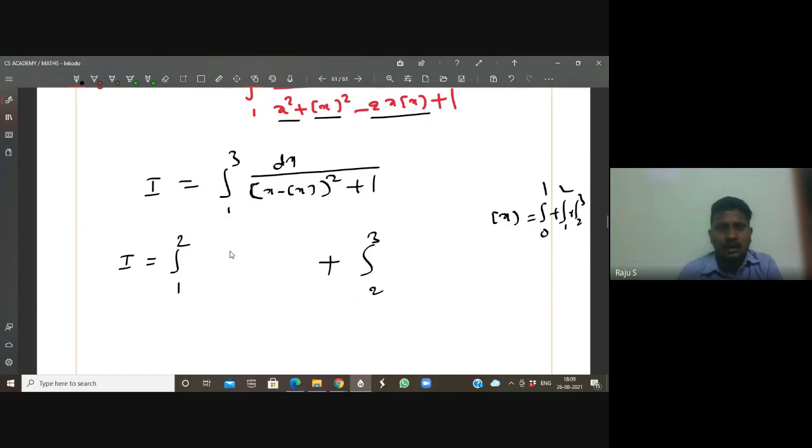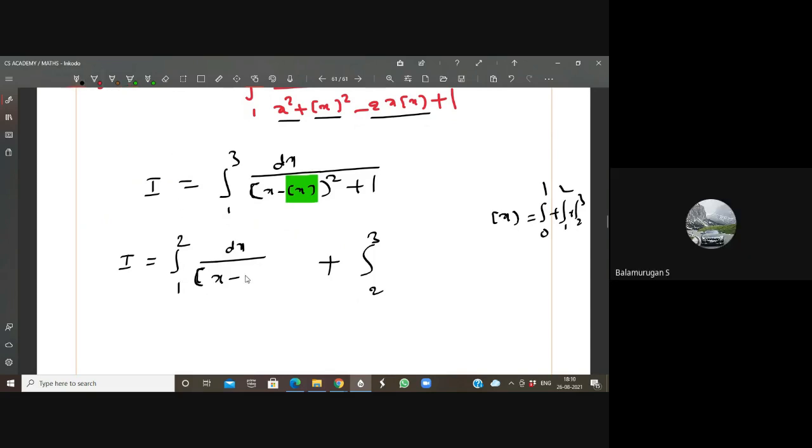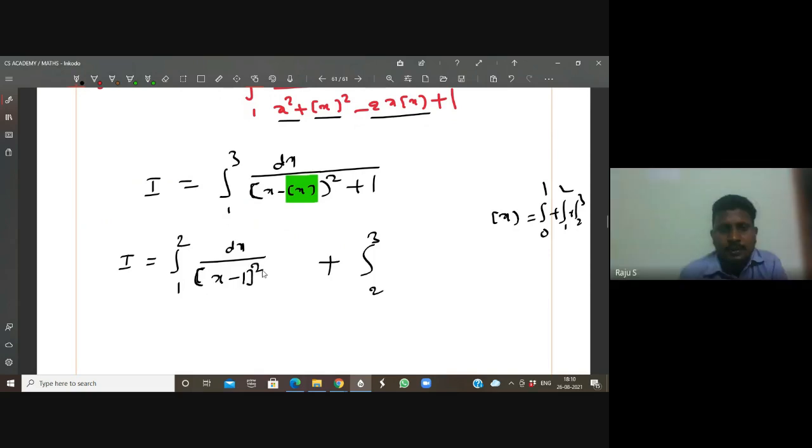So dx by x minus the greatest integer of x. I want to substitute this greatest integer directly. What is the greatest integer from 1 to 2? Anyone? 1, absolutely right. From 1 to 2, just the lower limit alone we get. Just take the lower limit, whole square plus 1.